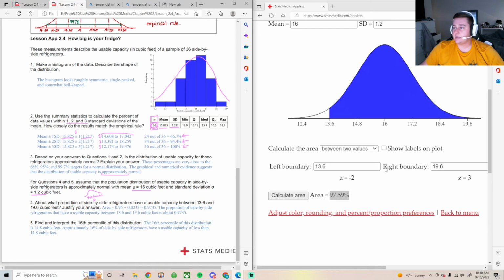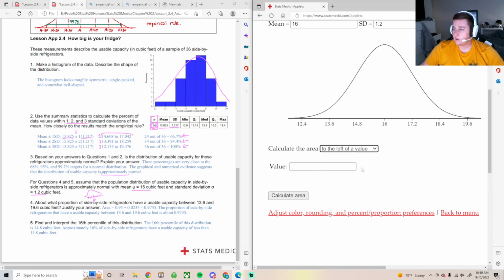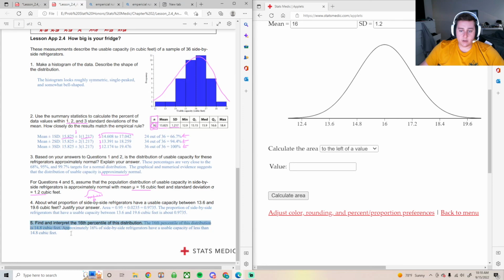All right. Find and interpret the 16th percentile of the distribution. Okay, the 16th percentile. So there's a couple ways you can do this. As of right now, because we don't know how to work backwards yet, you'd be expected to add up the chunks of the empirical rule, or the 68, 95, 99.7 rule, to get as close to 16 as you can.